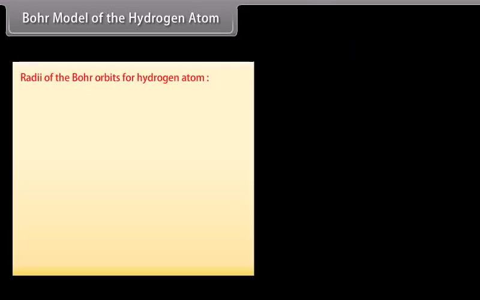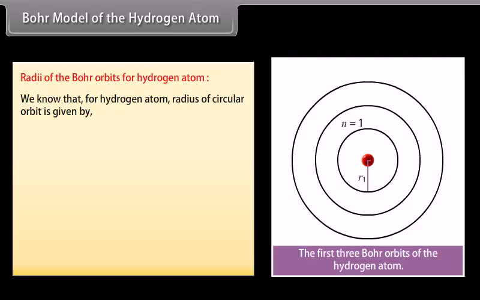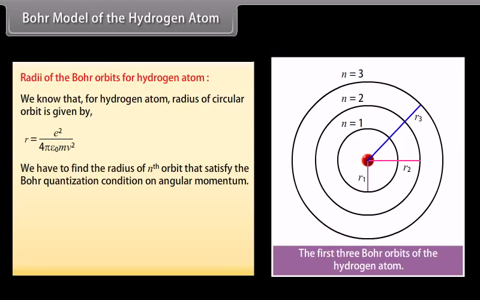Radii of the Bohr orbits of hydrogen atom. We know that for the hydrogen atom, the radius of the circular orbit is given by e square upon 4 pi epsilon naught m v square. We have to find the radius of the nth orbit that satisfies the Bohr quantization condition on angular momentum.